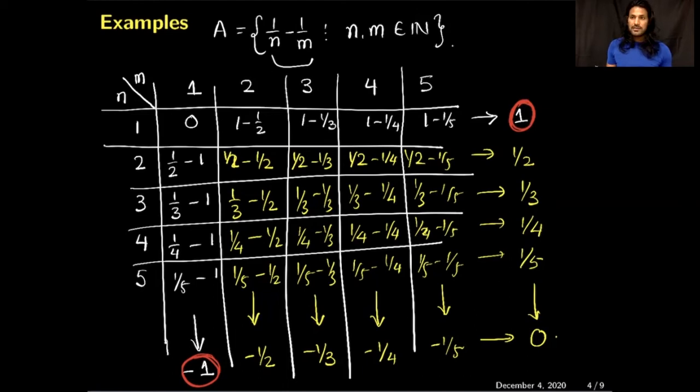And 1 is the least upper bound because it is the smallest upper bound among them. So the sup of the set A is 1. And similarly, the inf of that set A is -1, because this is the greatest lower bound of this set.